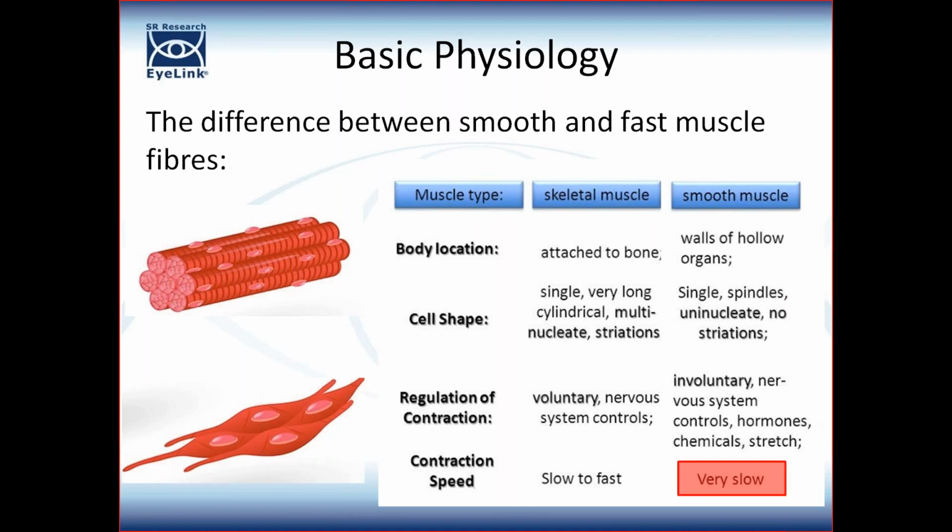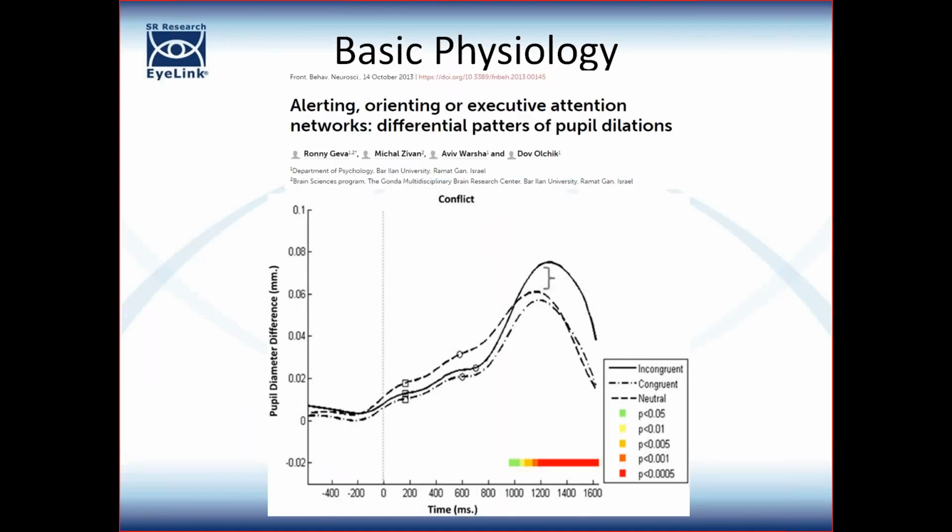Or very slow change. In the next slide I just grabbed a graph from a paper showing a standard, if you like, cognitively evoked pupillary response, which occurs here at time 0. You can see that these authors are getting their effect, the maximum dilation and then the maximum separation across their conditions, over 1,200 milliseconds after their event.